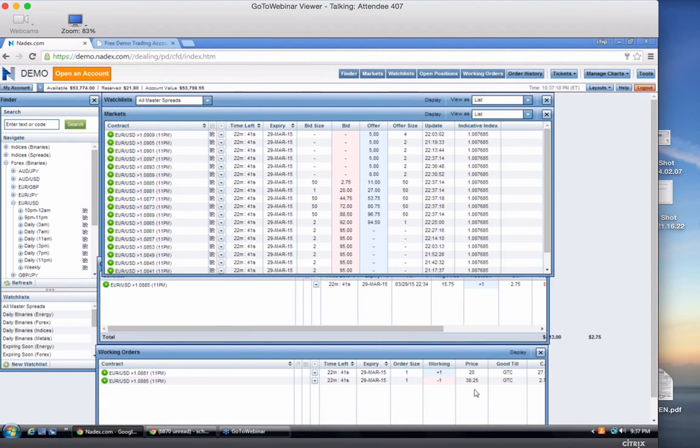Now the problem is you're kind of guessing where the market may be, because it's an options pricing model that you really need to be able to have to put this in. So you can put them in like this to put in a limit order to try to get a position.